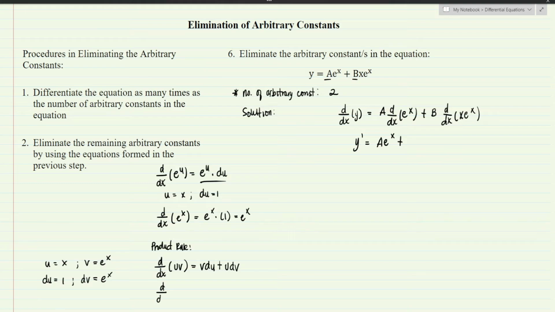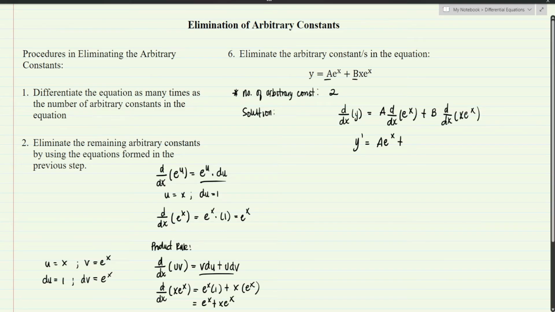Therefore, the derivative of x e raised to x would be, following this equation, e raised to x times 1 plus x times e raised to x. Or, if I simplify this one, e raised to x plus x e raised to x.